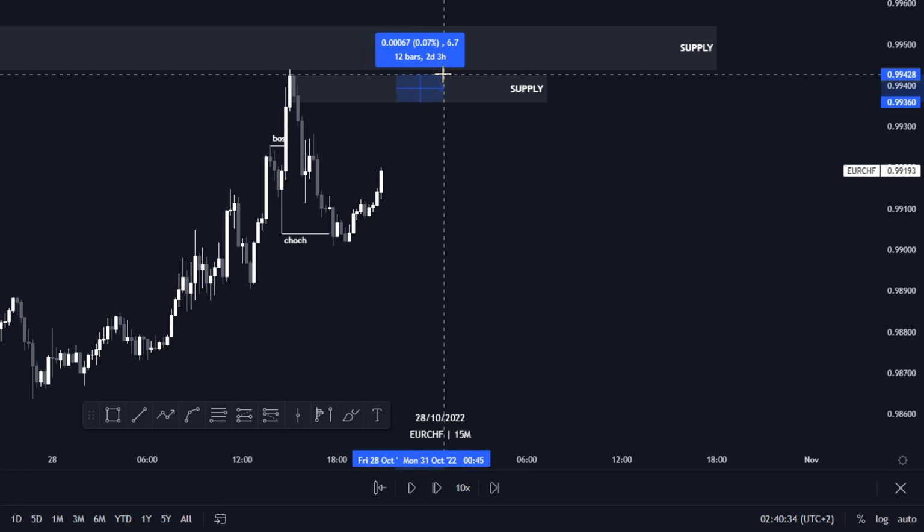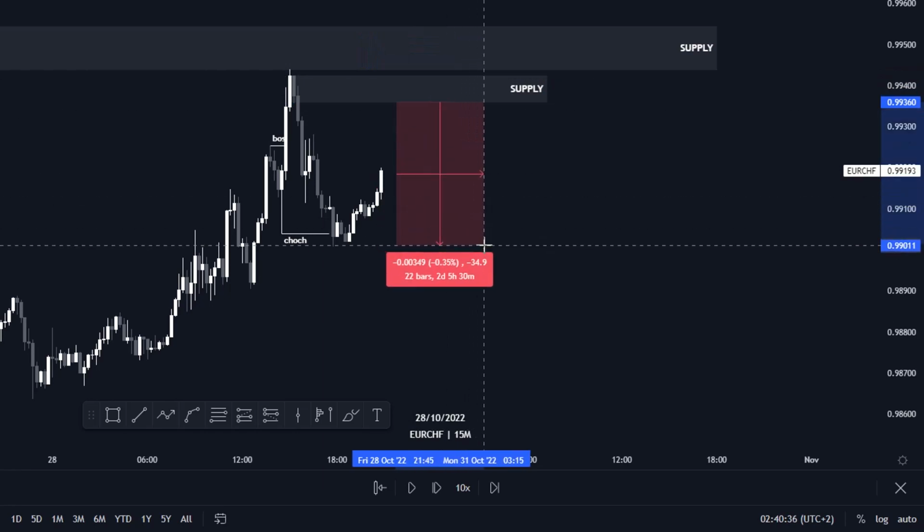Okay, but then your reward, your first take profit would be here, and if you opened a lot one here, it would be around $350.